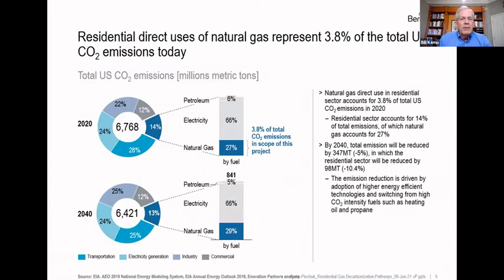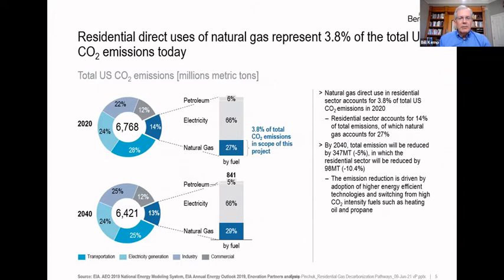Another background contextual fact, how big are residential direct uses of natural gas as a part of the US total. If you do the math, the breakout pieces of the pie chart is the residential building sector. And then it shows you the fuel breakdown between petroleum, electricity, and natural gas.